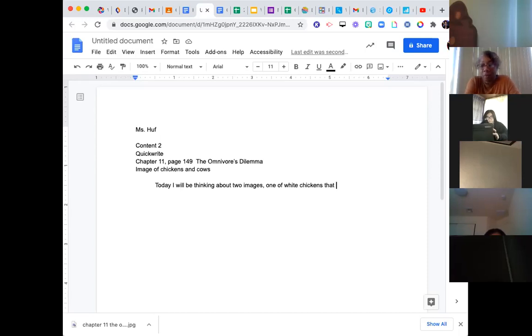If you need to open your Destiny library book, you can do that. It's page 149, chapter 11. It's the third page on chapter 11.